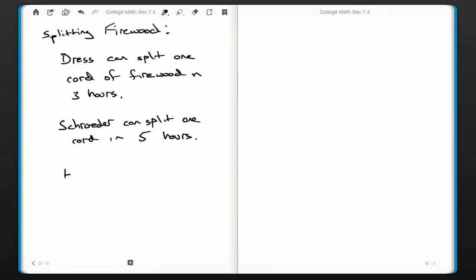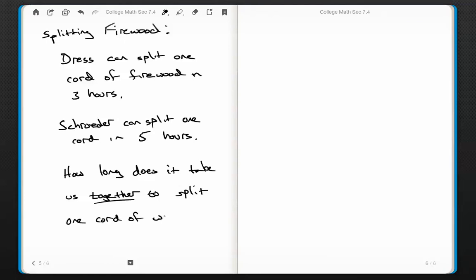So the question is, how long does it take us together to split one cord of wood? All right, now these are always tough problems.